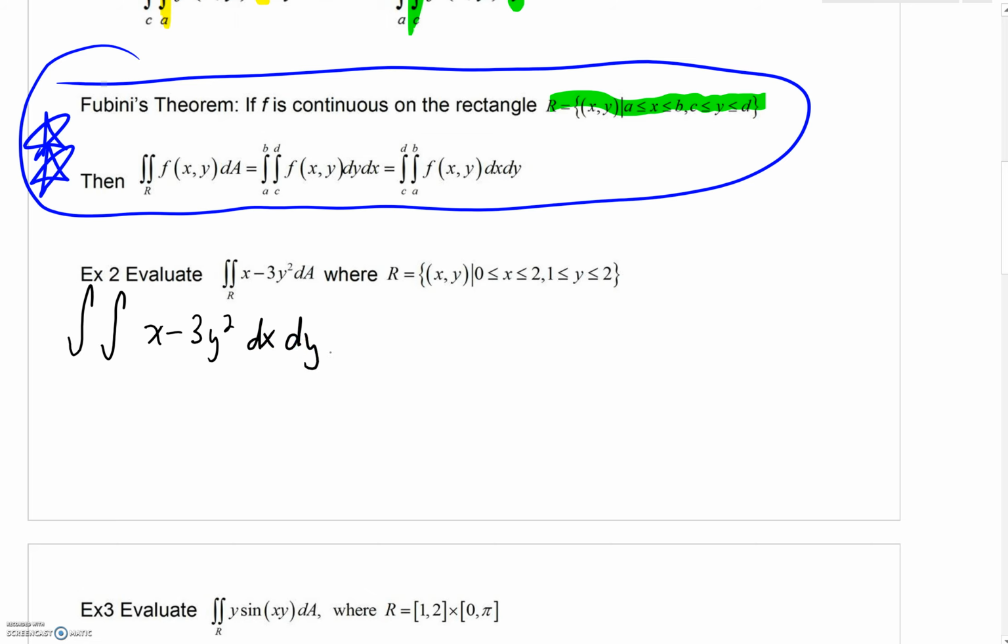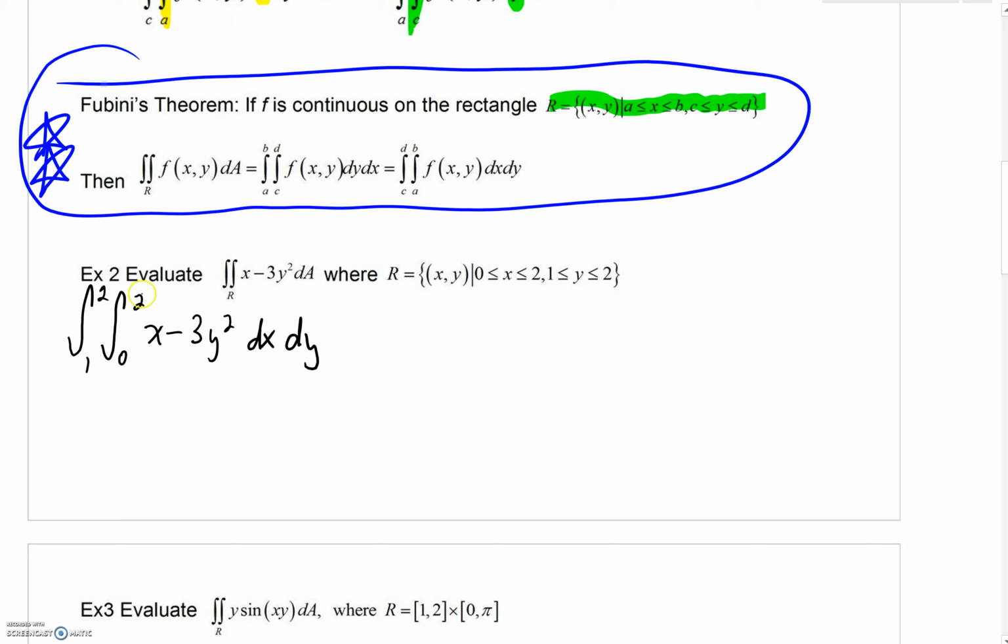If you'd like to go dy first, you may. dx is bound between 0 and 2. dy, let me erase that, is going to go between 1 and 2. You'd get the same answer either way, and honestly, there's really no advantage to go with one variable first as opposed to the other.